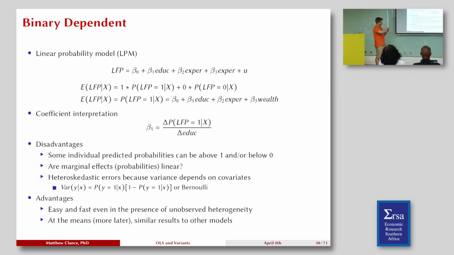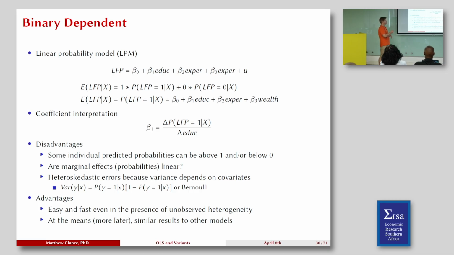So instead of focusing on the independent variable side, we can actually think about the binary being on the left-hand side. In that case, it does change our interpretation of the expected outcome. We're no longer worried about level versus log, percentages versus that level outcome. We're thinking more that it actually changes how we interpret this.